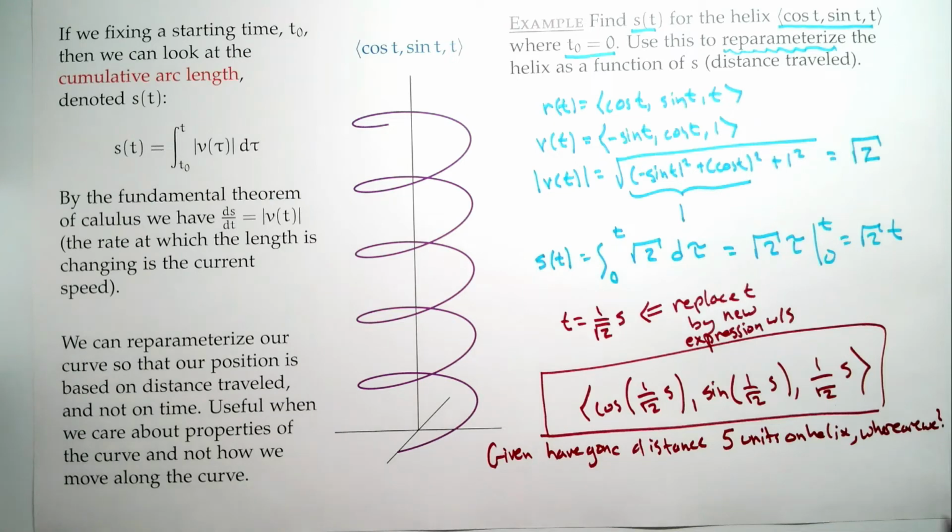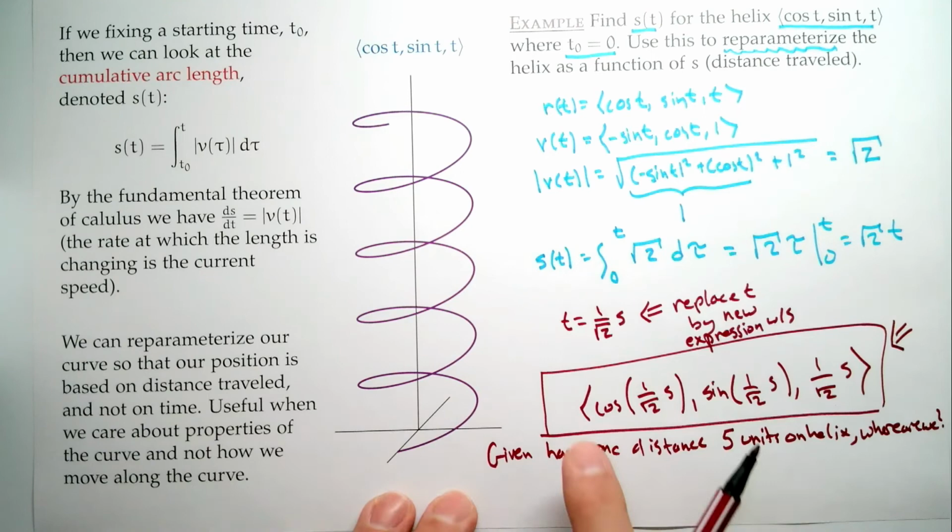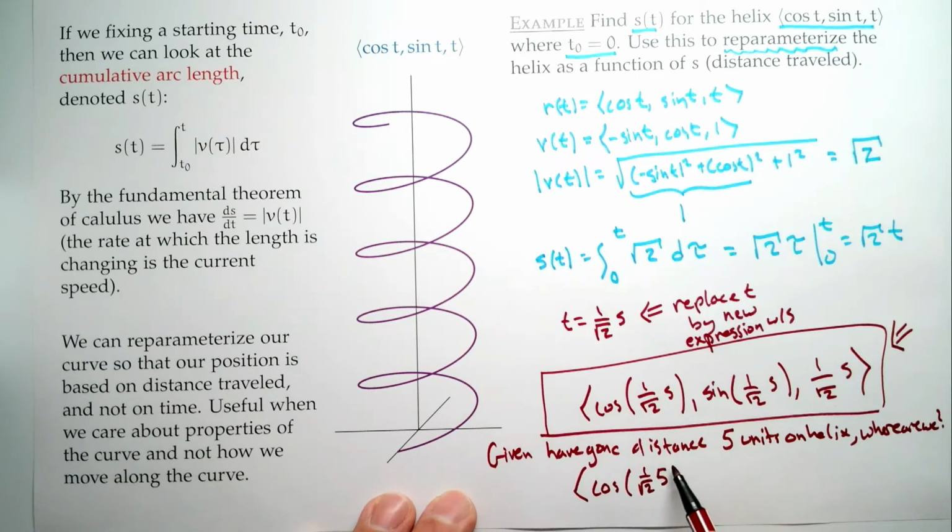Well, now the answer is you come to here, because this tells you your location based on how far you've traveled. So the answer is you put in 5 for s. And given how closely my s's and 5's look to each other, it will feel like I haven't done anything at all. But I do promise these 5's and s's are different, so I'm going to try to make them look different.